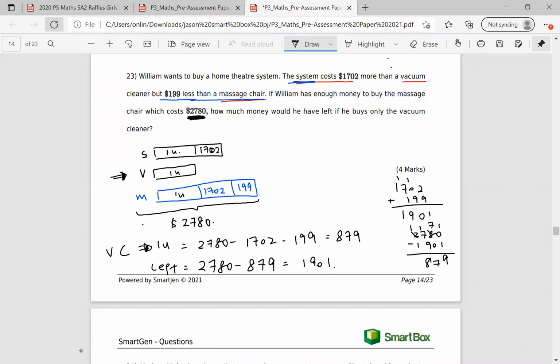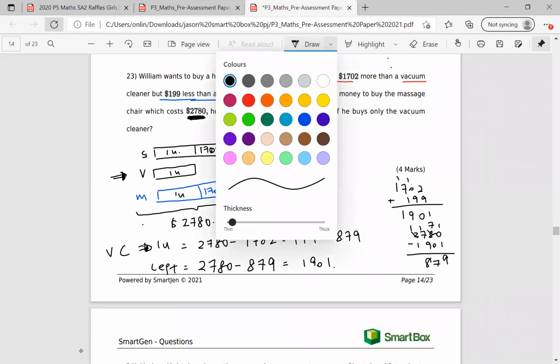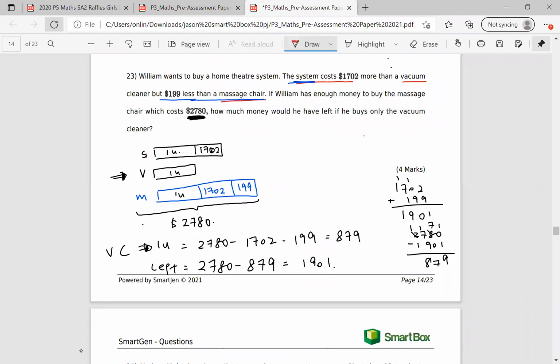I know this is like the step that most students actually do. Yeah, but if you actually look carefully, there's actually a shorter way to complete the question. So the question is asking how much more money he will have left if he only buys the vacuum cleaner. So if you look at the vacuum cleaner here and you look at the massage chair, they're asking if they use this money to buy only the vacuum cleaner, how much left?